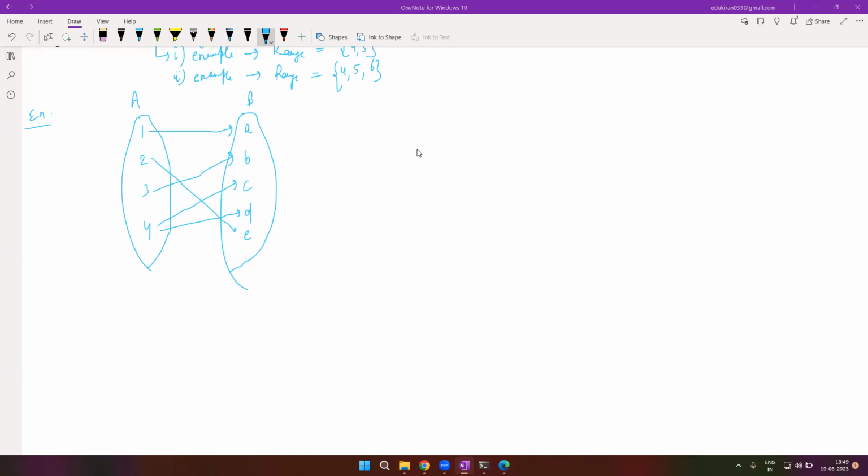Faiza, it's wrong. Correct, Shahid. This is not a function. 4 has 2 outputs, C and D. How can it be a function?